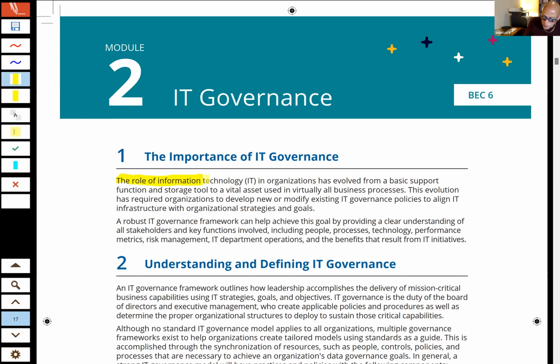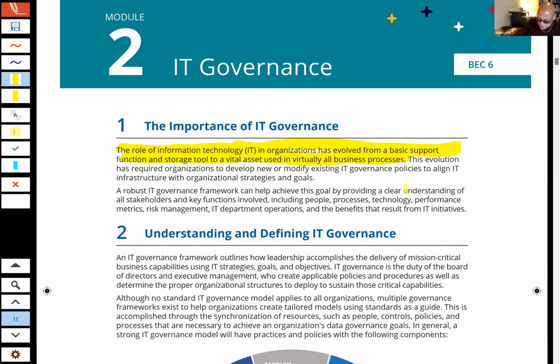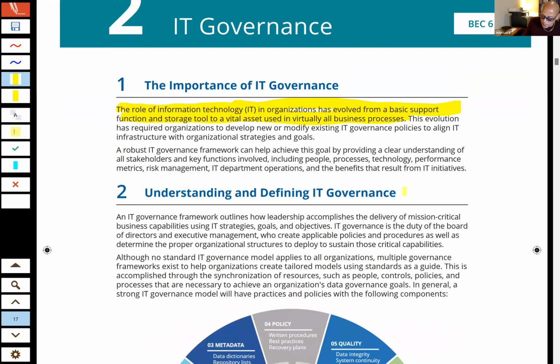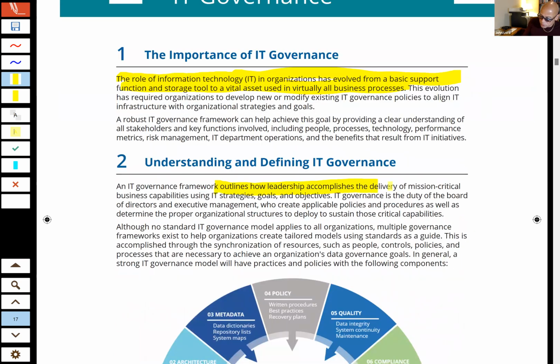Let's go ahead with some very basic things. The role of information technology in companies is basically a tool to support all business processes. IT governance outlines how leadership accomplishes the delivery of mission-critical business capabilities using IT strategies.